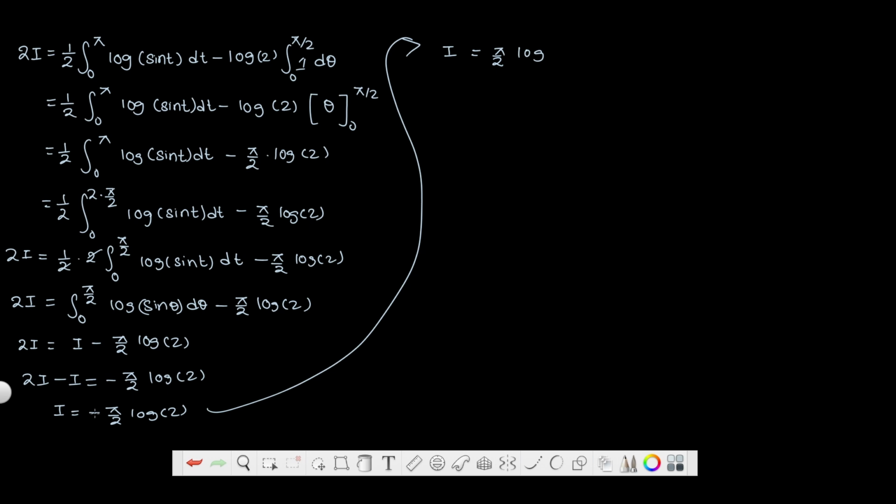Now minus means we have minus 1 here, so minus 1 will go as a power of 2, so we get 2 to the power minus 1 pi by 2 times log. So 2 to the power minus 1 equals 1/2, so we can write 1/2. Therefore I equals pi by 2 log 1/2. Hence we prove the given problem.